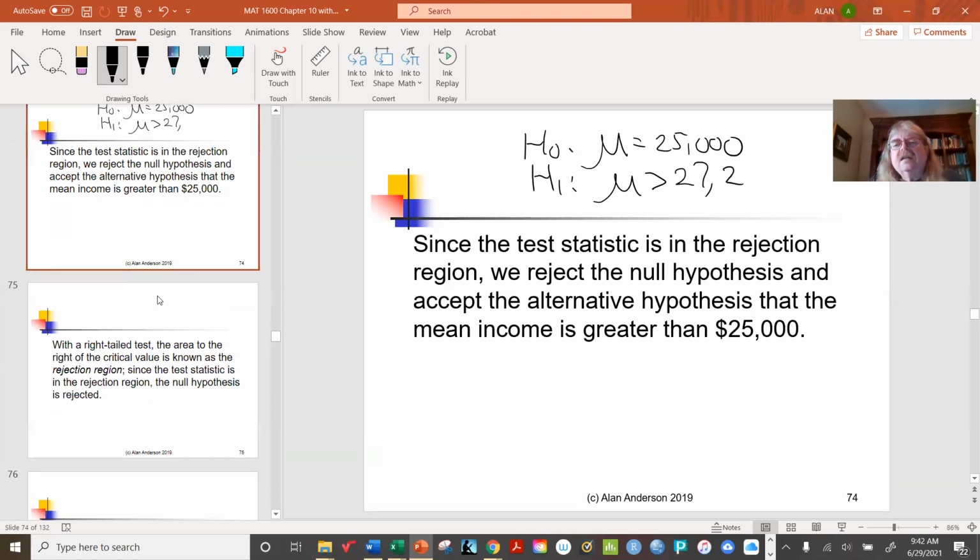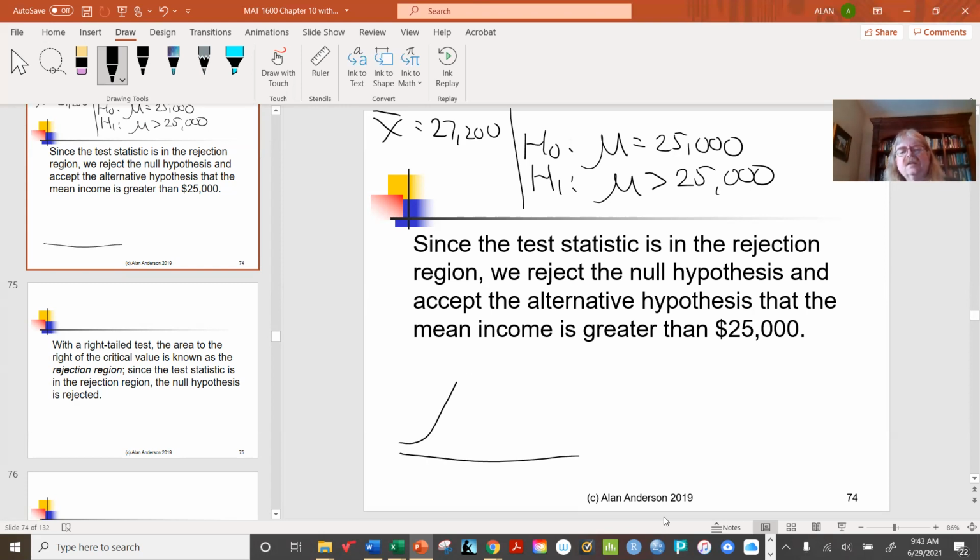Now, like I said, it's hard to tell from looking at these two numbers if we should reject. Oh, wait a minute. What did I do? Hold on. X bar was 27,200. So the long and short of it is that 27,200 is far enough above 25,000 to be inconsistent with the null hypothesis.